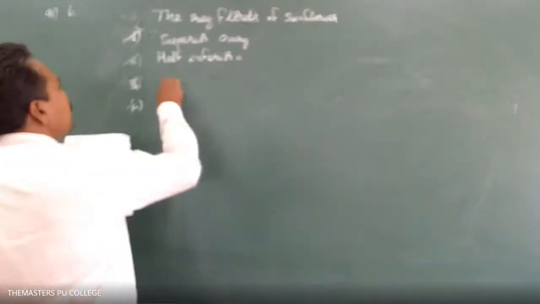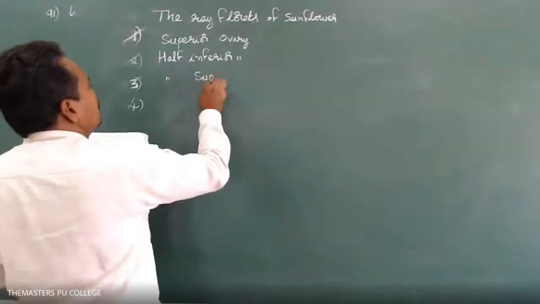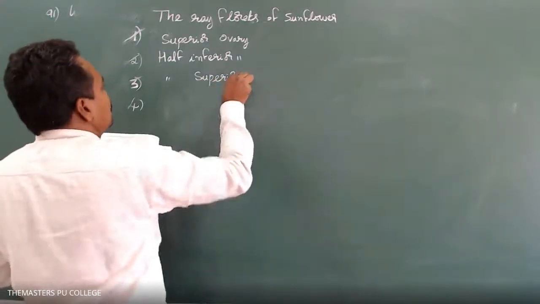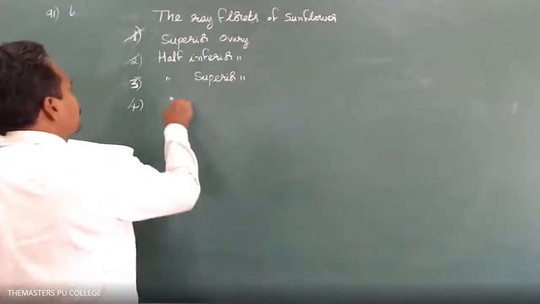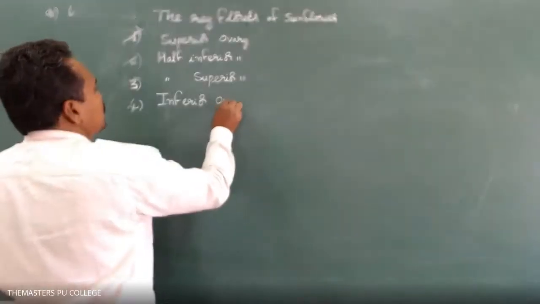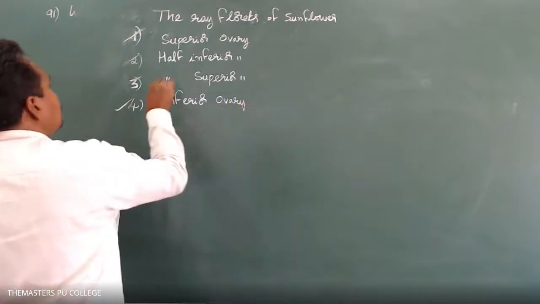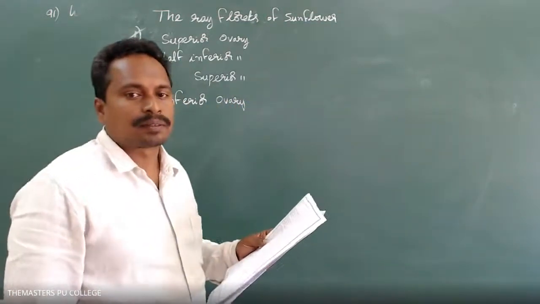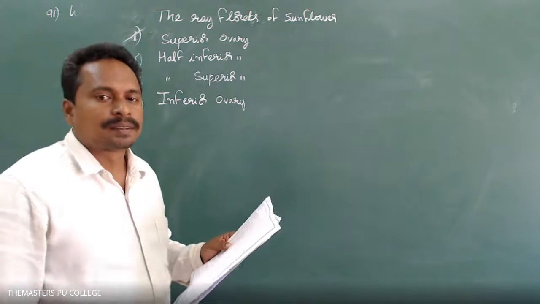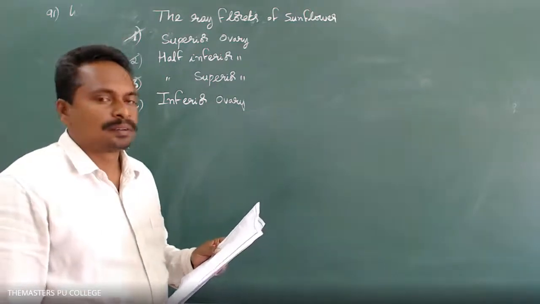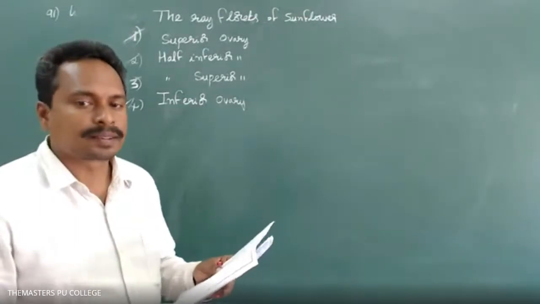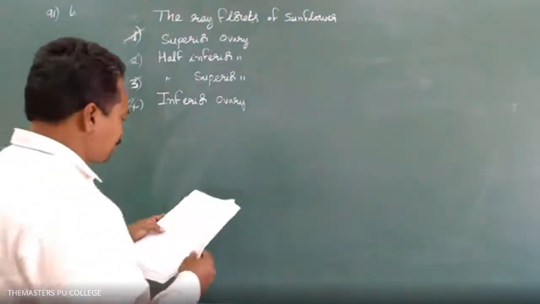Option 3 is superior ovary. Option 4 is inferior ovary. What is the answer, sir? Option 4, inferior ovary. Very good. The ray florets of sunflower. What are the other examples? Inferior. Cucumber and guava. Very good. Guava, cucumber, like the ray florets of the sunflower. Right.